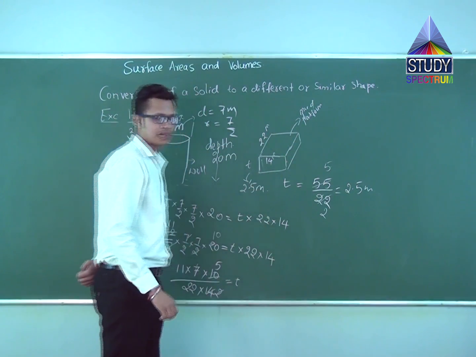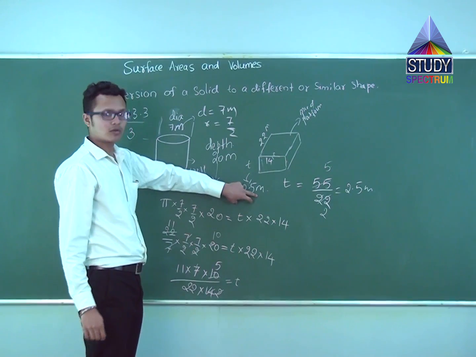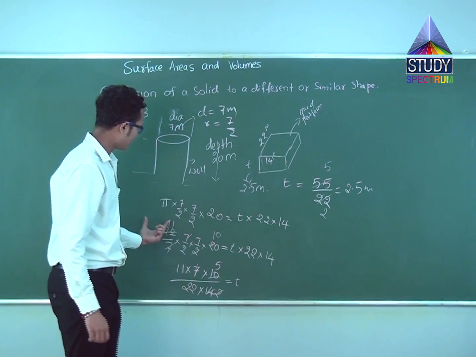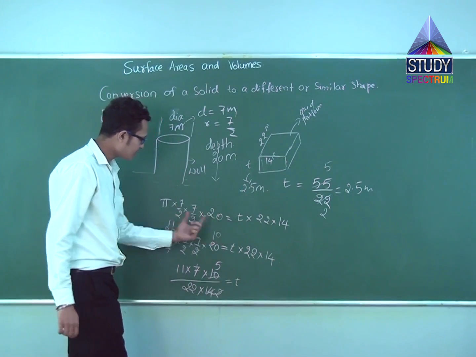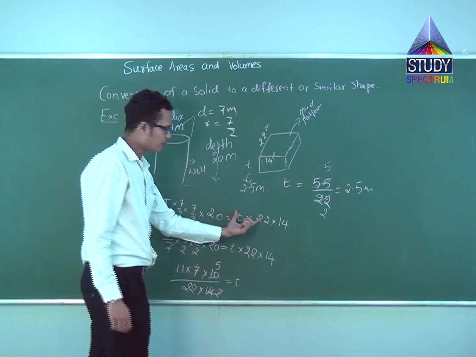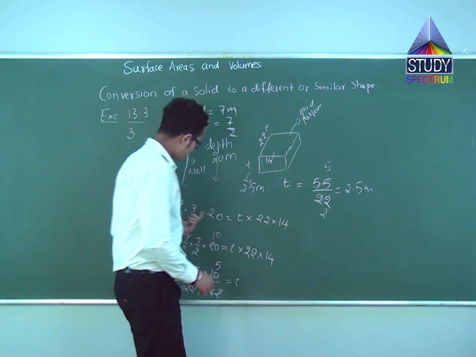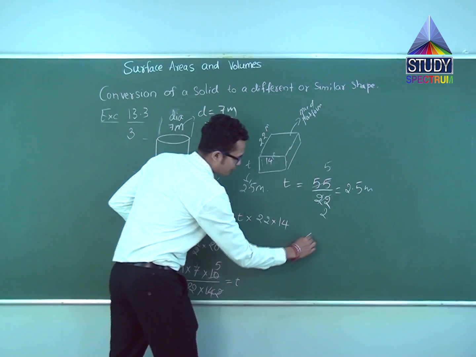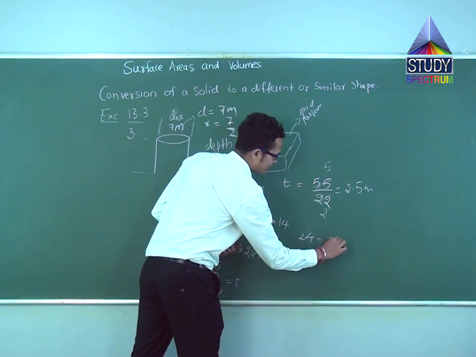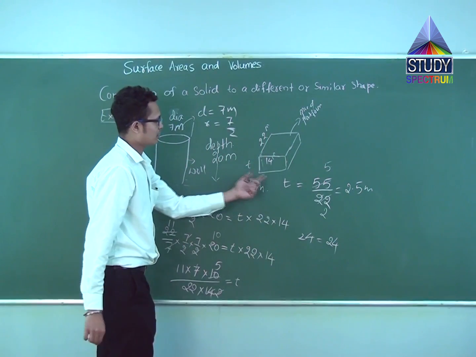To check in the examination whether your answer is right or wrong, you can verify by substituting T and see if both the values are equal. What I mean is, after substituting, let's say you got 24 on the left hand side. You should also get 24 on the right hand side when you substitute T here.